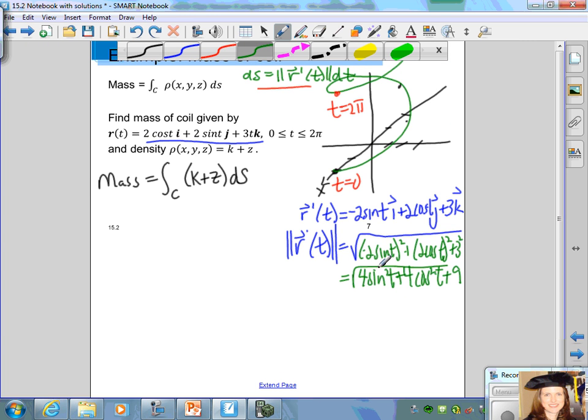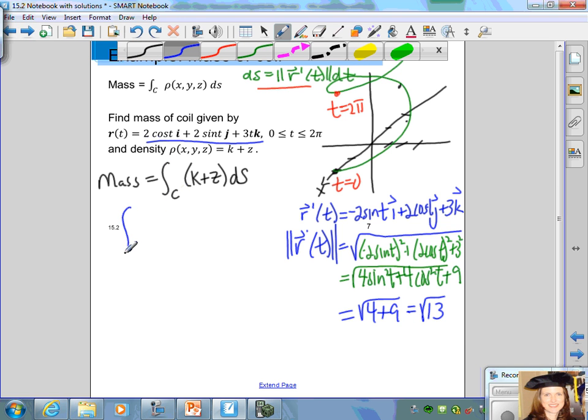And this will simplify because 4 sine squared t plus 4 cosine squared t simplifies to 4. This will simplify to the square root of 4 plus 9, and when you simplify that, you get the square root of 13.